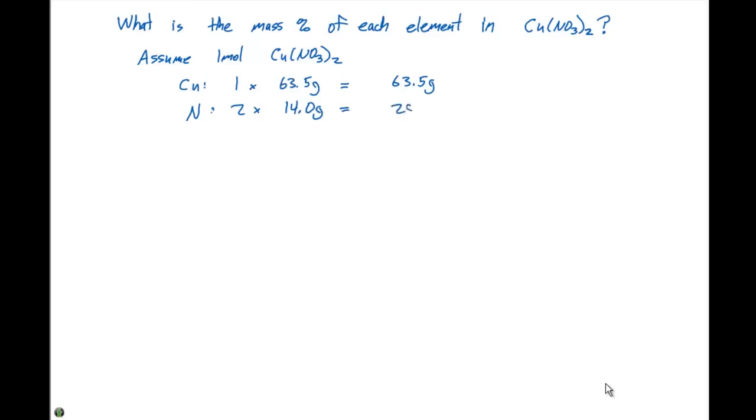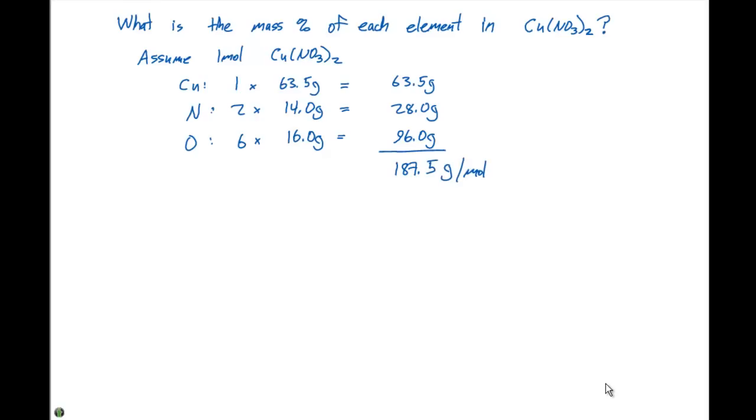That's going to give us 28.0 grams. The oxygens, there's 3 times 2, or 6 total, times 16.0 grams, is going to give us a mass of 96.0 grams. So for every 1 mole of copper 2 nitrate, we are going to have 187.5 grams.